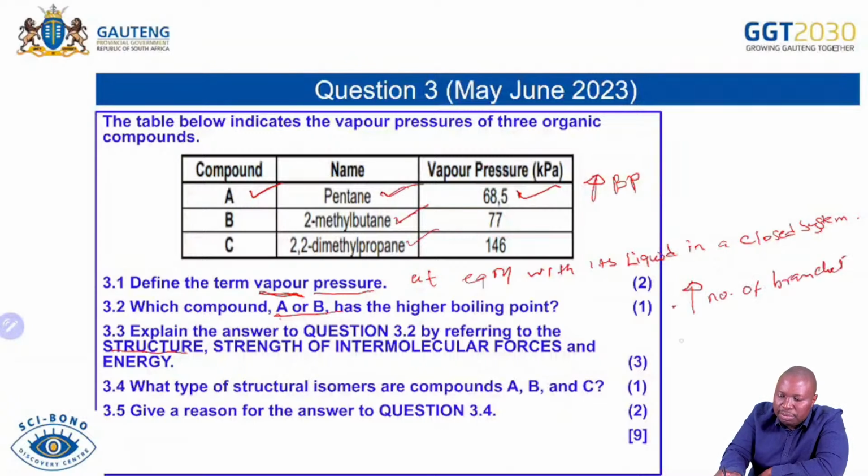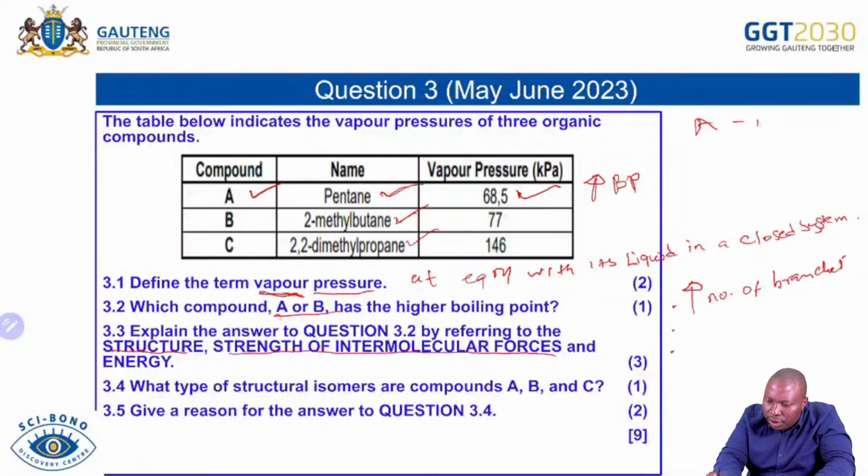What happens? Remember, you must answer in bullet form here. We don't want you to write a letter because we mark each bullet independent of the other, so that if you make mistakes, we're able to acknowledge the other points that you are making correctly. Now, you will look at the strength of the intermolecular forces to say which one is stronger between A and B. Remember, our question is on A and B. So we are saying A, no branch.